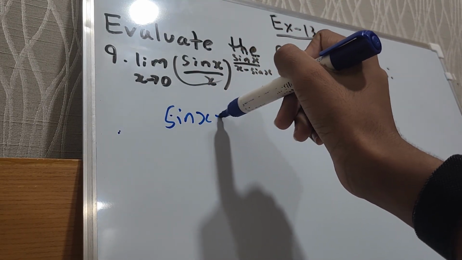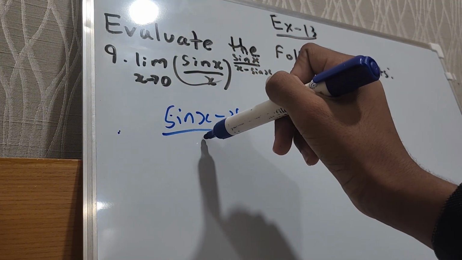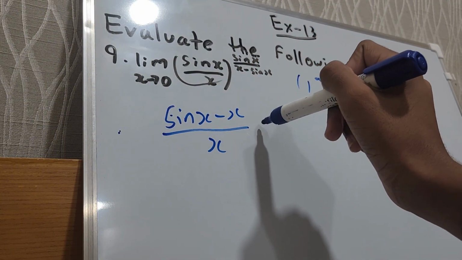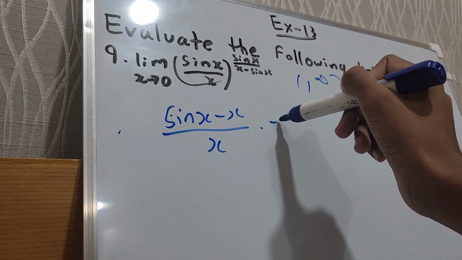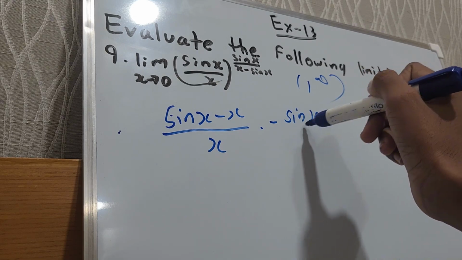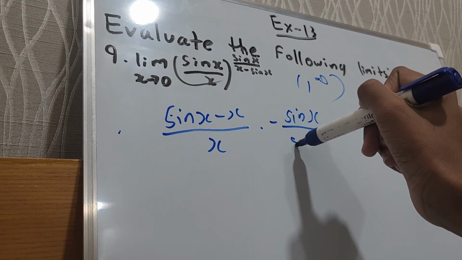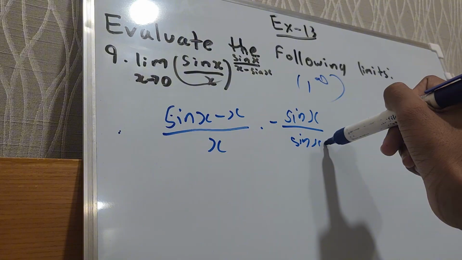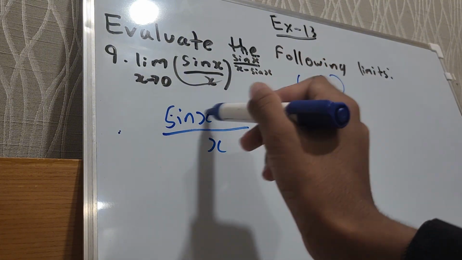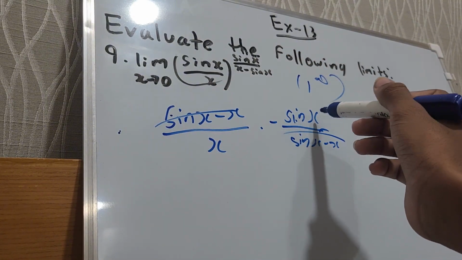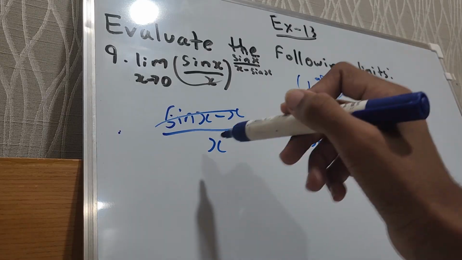We just write that as sin x minus x by x, into minus of... we're taking minus from the denominator, sin x minus x. You can see why I'm doing that, right? Cancel. And you know sin x by x is 1, so minus 1.